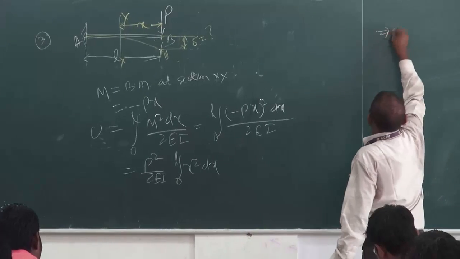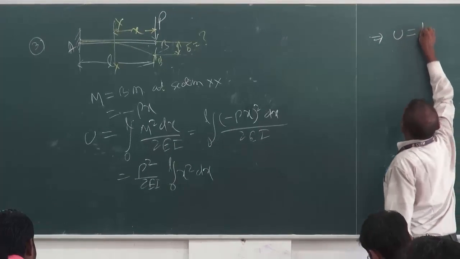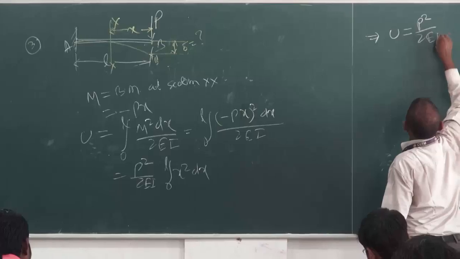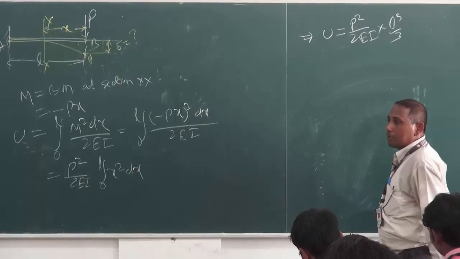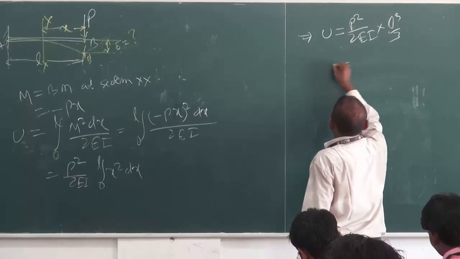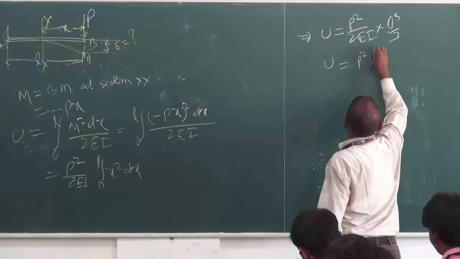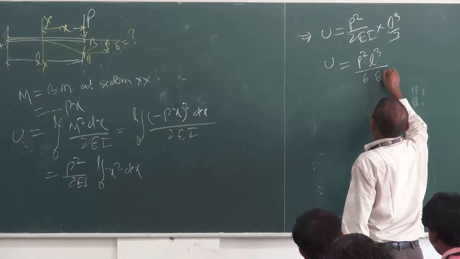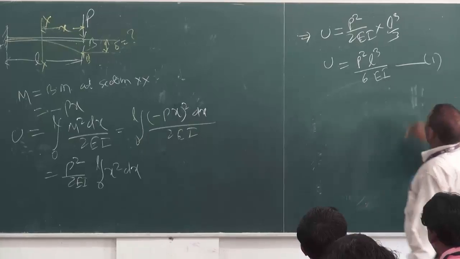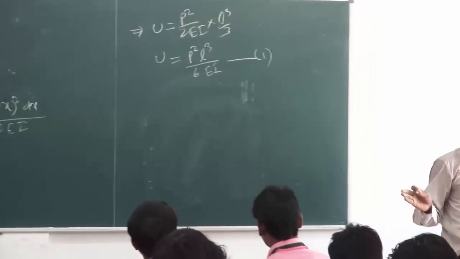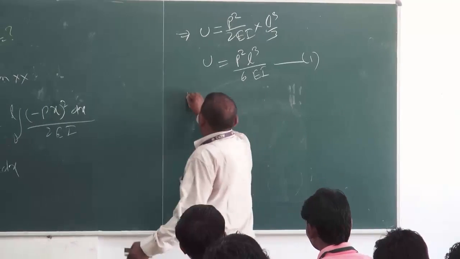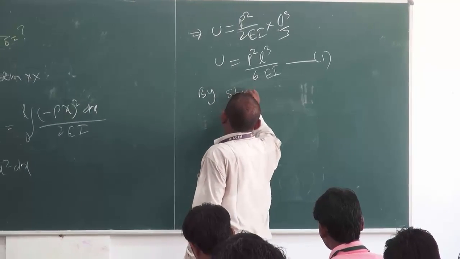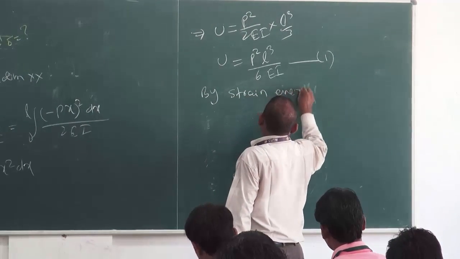So U is equal to P square by 2EI into L cube by 3, from where U is equal to P square L cube by 6EI. So this we have already calculated. We calculated the U value.